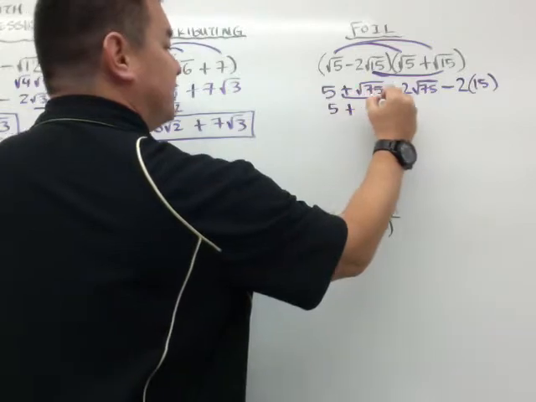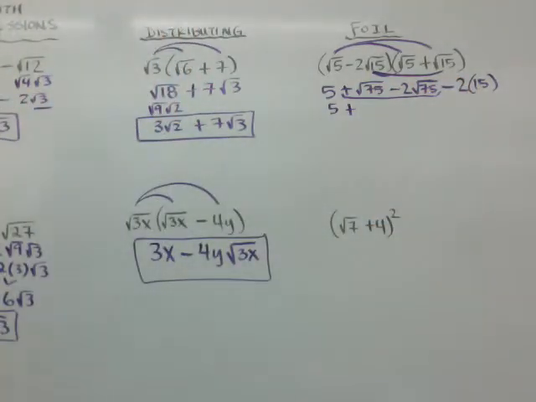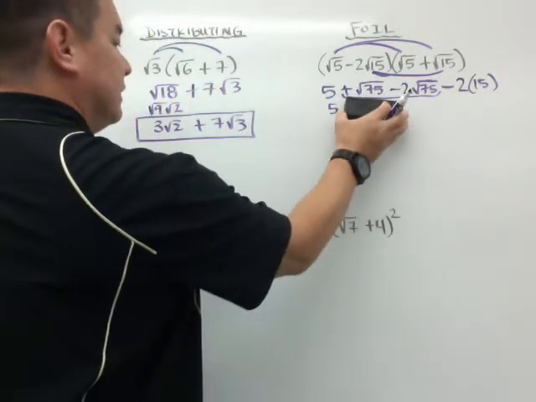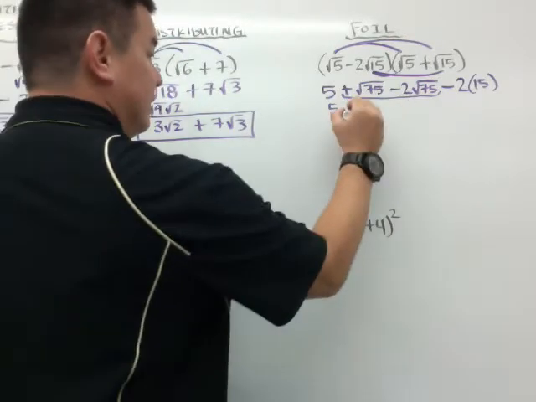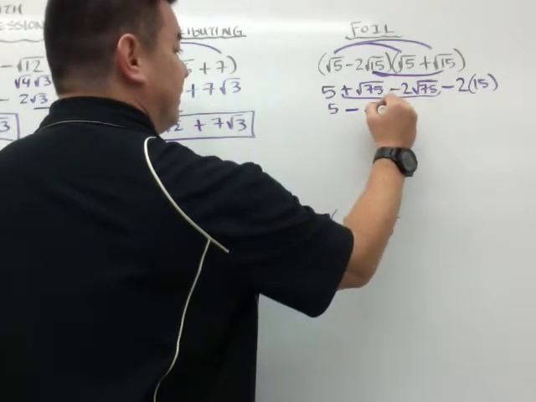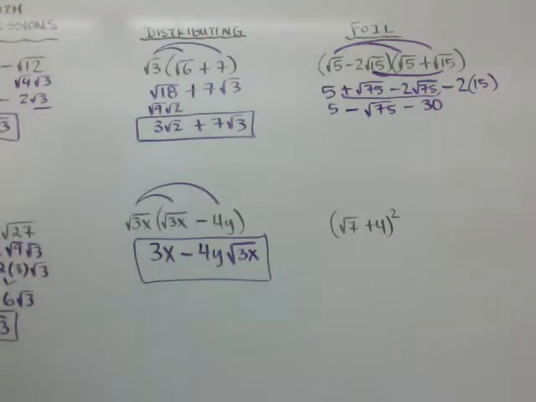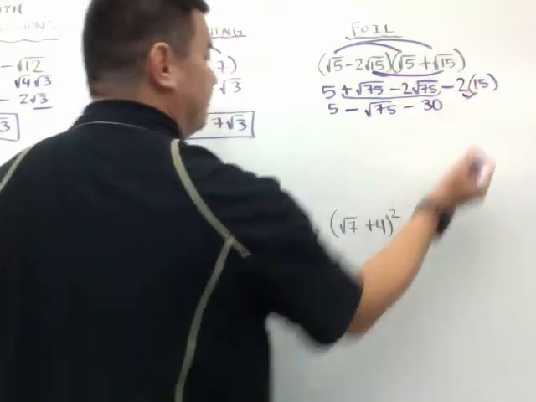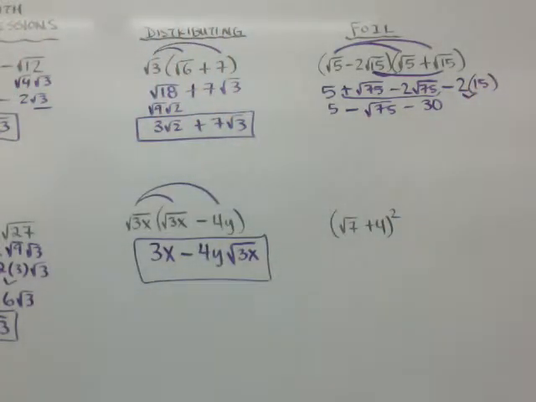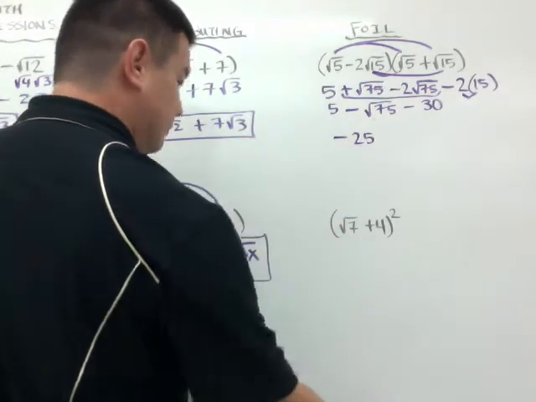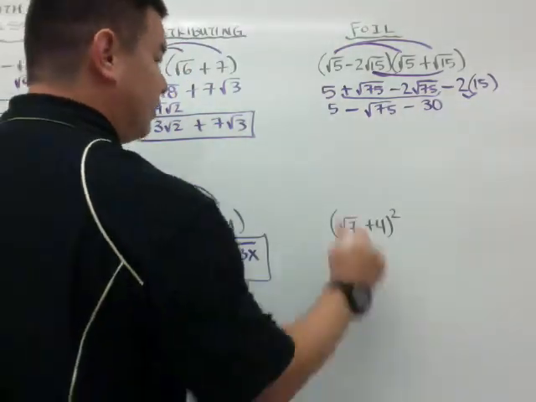So it becomes 5 plus. If I combine these two together, I have 1 radical 75 minus 2 radical 75, so it actually becomes minus radical 75 minus 30. Now I can combine the 5 minus 30, and that becomes negative 25. Oops, I still have to simplify a little more.